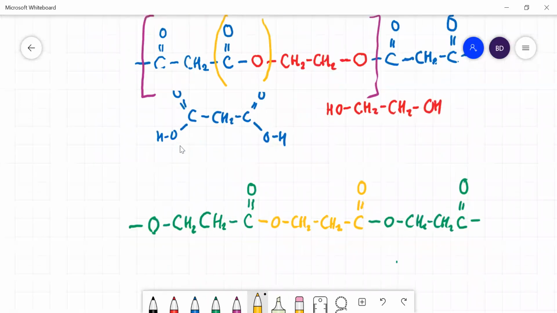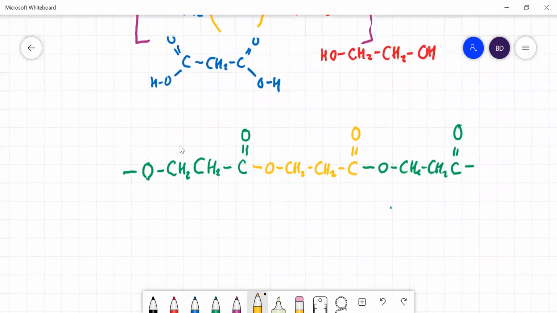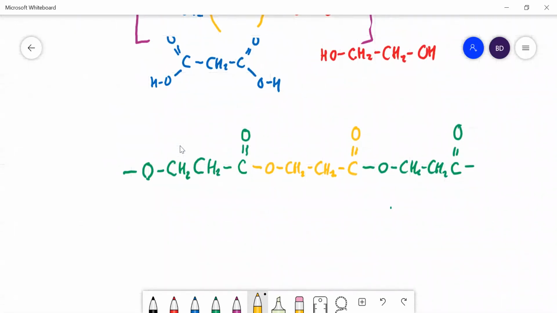Right, now let's have a look at something a bit different. You can see here we've got a section of a polymer there. It's a polyester, and I've drawn one in green and one in yellow, but you can see, unlike the previous cases where you have two different monomers, this is just made up from one monomer.